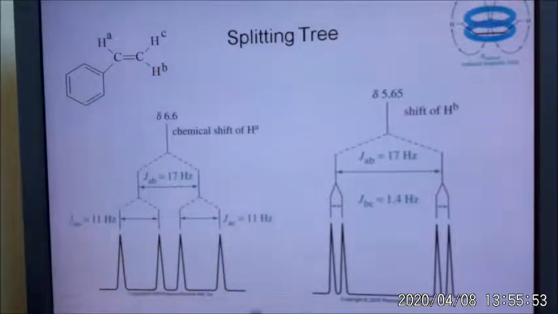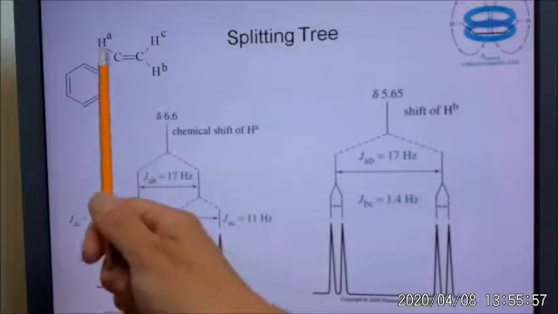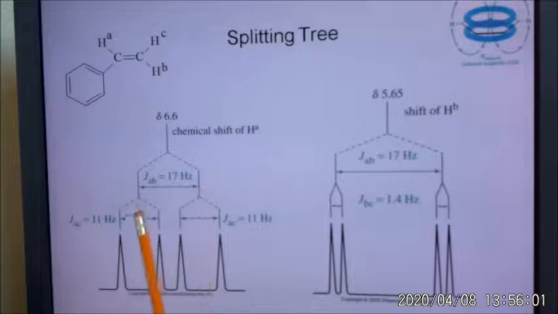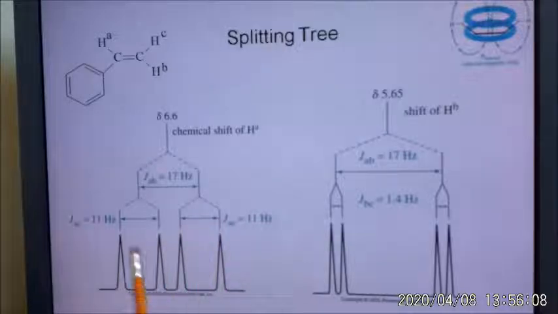A to B is 15, or in this case for styrene, 11 and 17. So A split by B gives me 17 hertz, and then the effect of C gives it another 11 hertz. We would measure this and say, okay, that's 11 hertz. And then we would take the halfway point, or you can measure here to here and here to here, and that gives you your other coupling constant, which is 17 hertz.